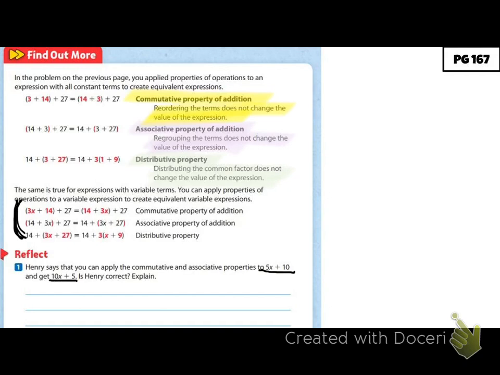What do you notice is happening with our variable? Here it's connected to the 5. Here it's connected to the 10. But if you notice, whenever we are using the commutative and associative property, does our variable change numbers? No, it does not.